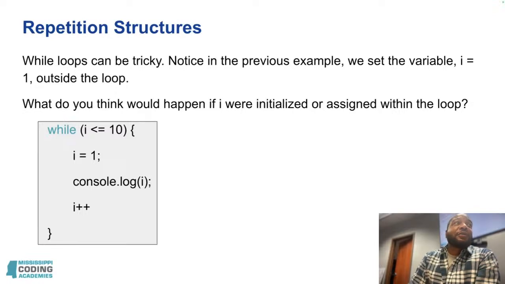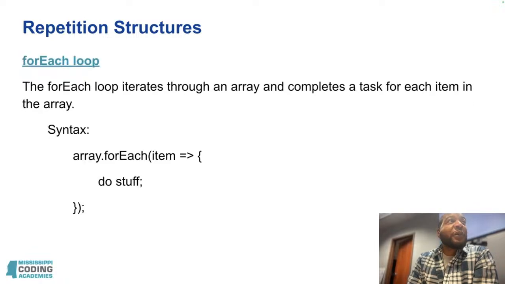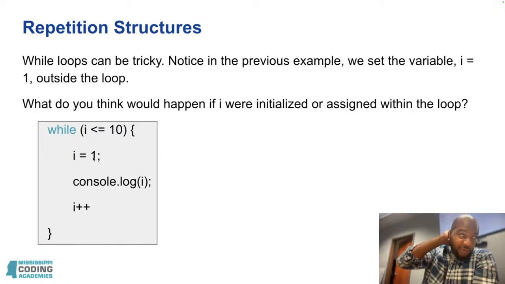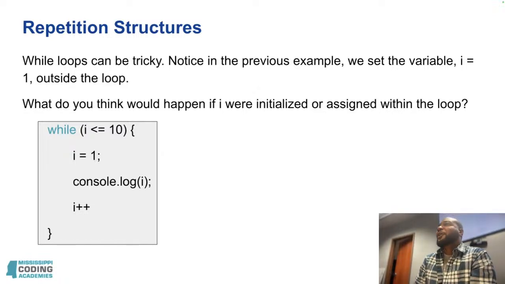And also check where you are setting and assigning variables. Because what will happen here again is we just keep setting I back to 1, in which case it would just console a whole bunch of 1s, not forever, but until the computer gets tired. But it's called an infinite loop.